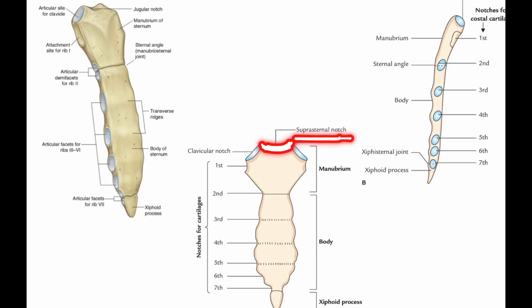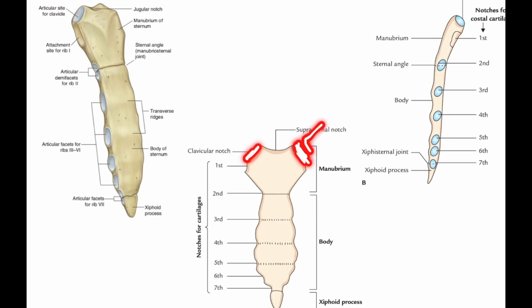This suprasternal notch provides attachment to the interclavicular ligament. What do you mean by the word ligament? It is a connective tissue that connects bones to other bones. The clavicular notch on either side of the suprasternal notch articulates with the clavicle.